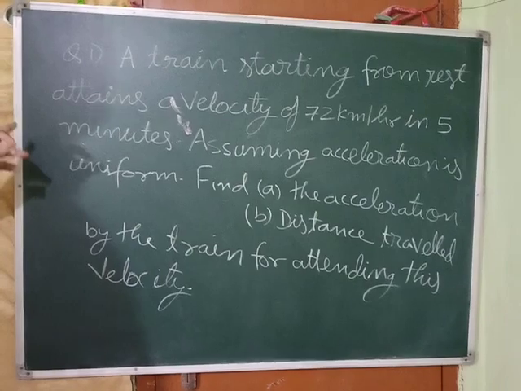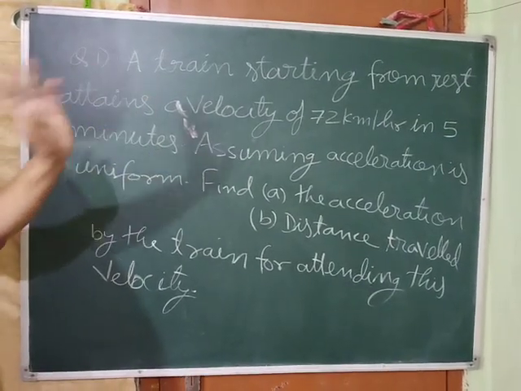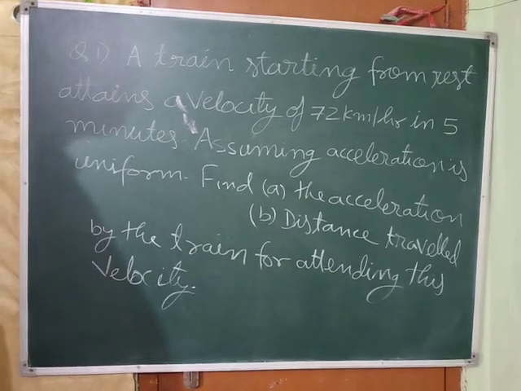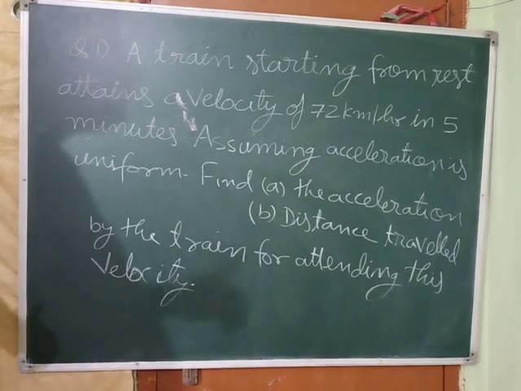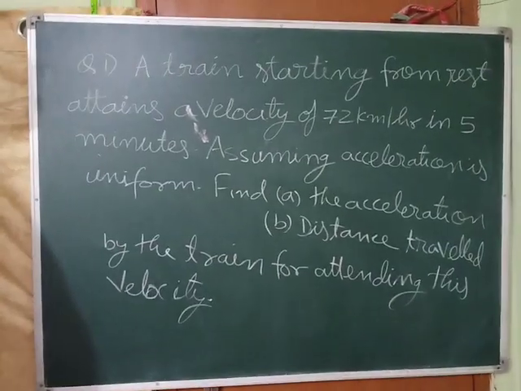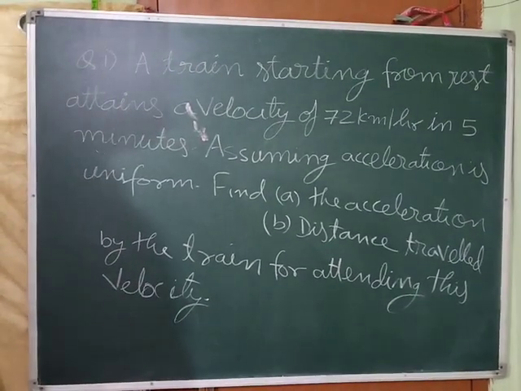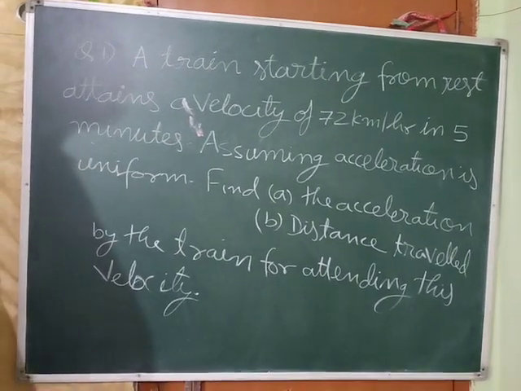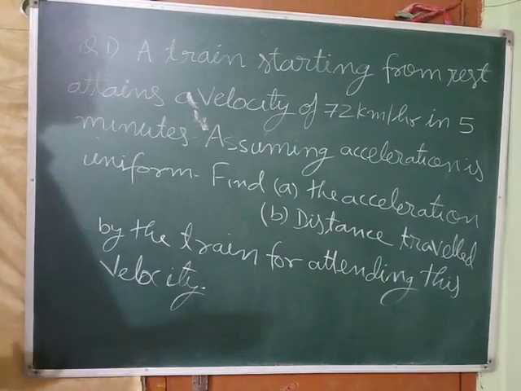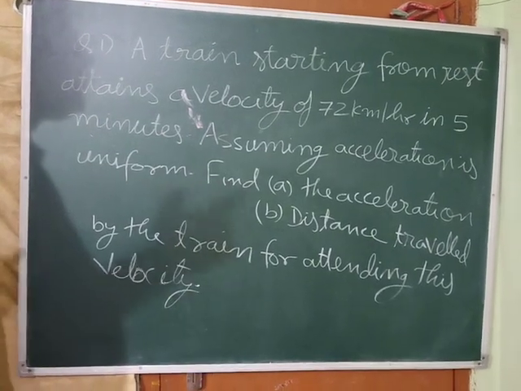It attains a velocity of 72 km per hour. So it attains this velocity later on. So is this the initial or final velocity? Final velocity, no? So the final velocity is 72 km per hour in 5 minutes. So the time it takes to attain that final velocity is 5 minutes.